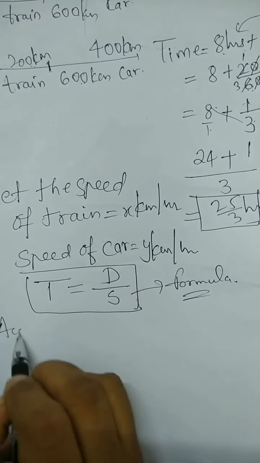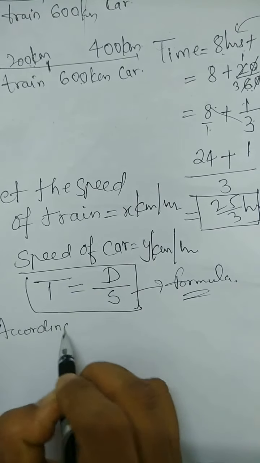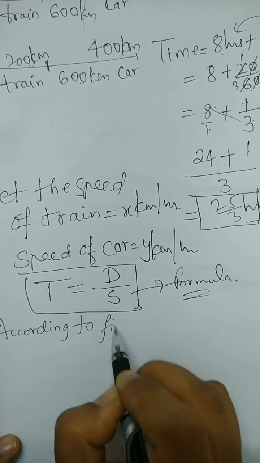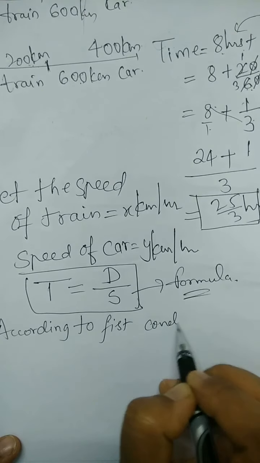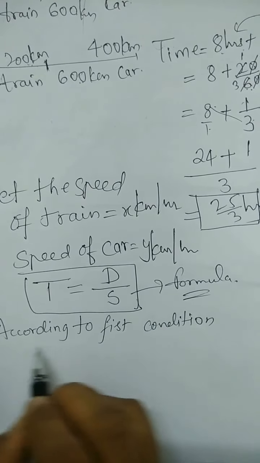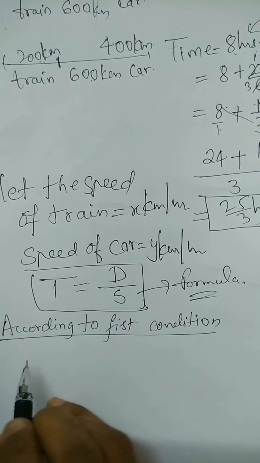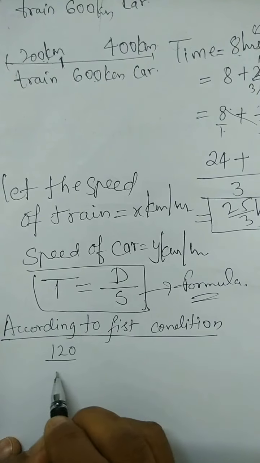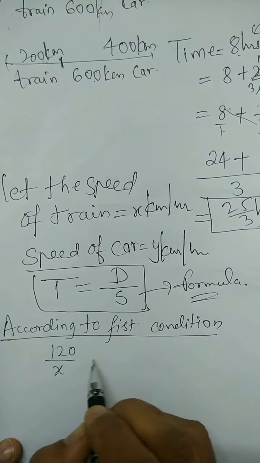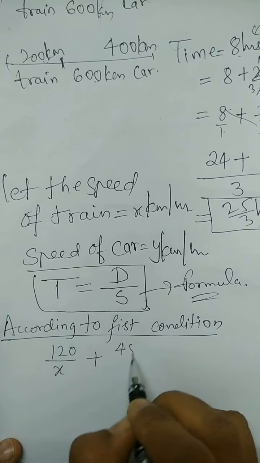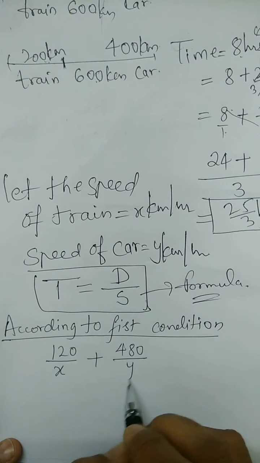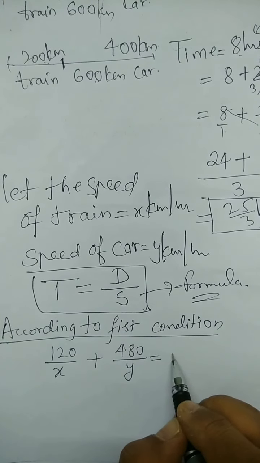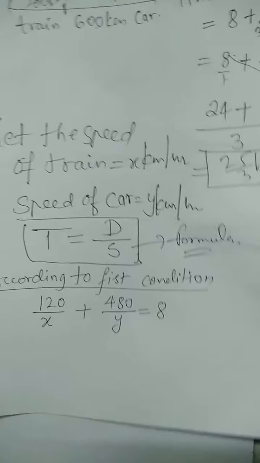So according to the first condition, what we have got? 120 kilometers by train, so the speed of the train is x, plus 480 kilometers by car, the speed of the car is y. Time taken is 8 hours.